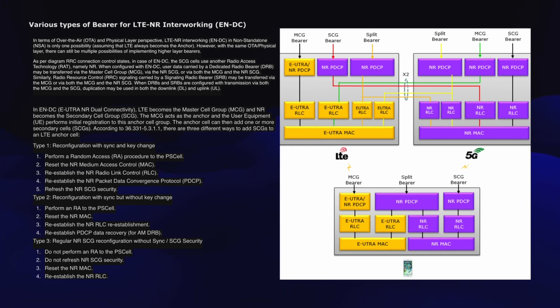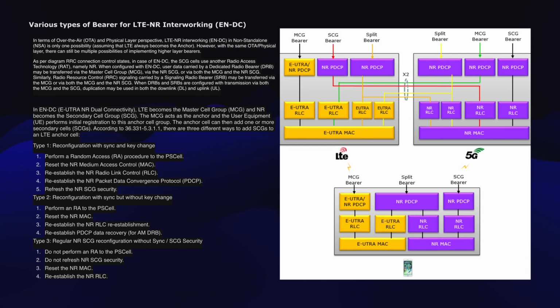As per the diagram, in RRC connected state, in case of NDC, the SCG cells use another radio access technology, RAT, namely NR. When configured with NDC, user data carried by a dedicated radio bearer, DRB, may be transferred via the master cell group MCG, via the NR SCG, or via both the MCG and the NR SCG.